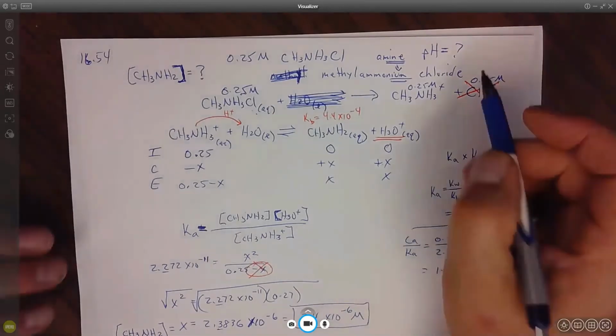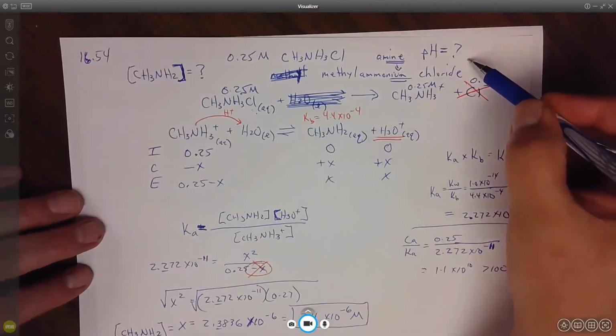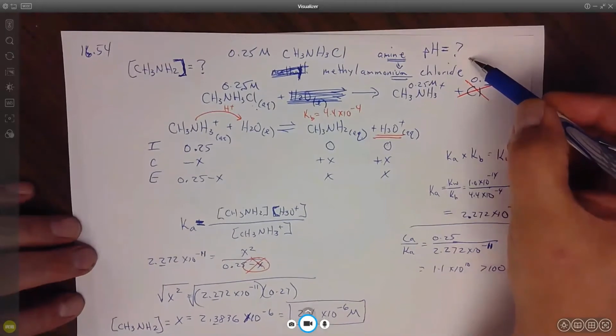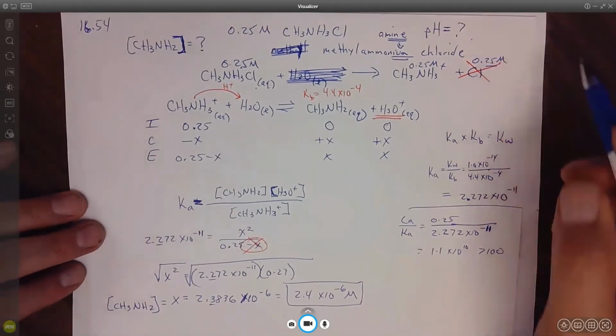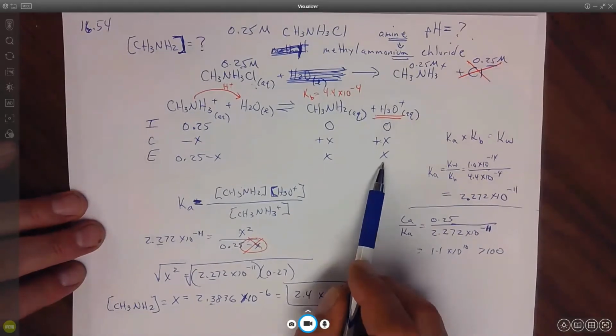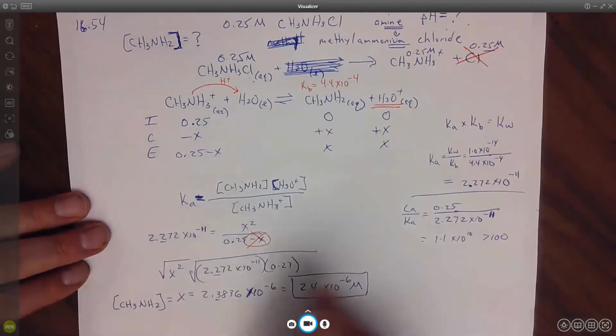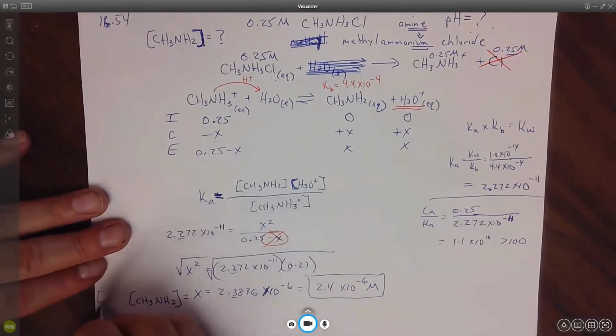Then it wanted to know, what is the pH? Well, the pH is just the negative log of the hydronium ion or hydrogen ion concentration. That's also X, so this is equal to the hydronium ion concentration.